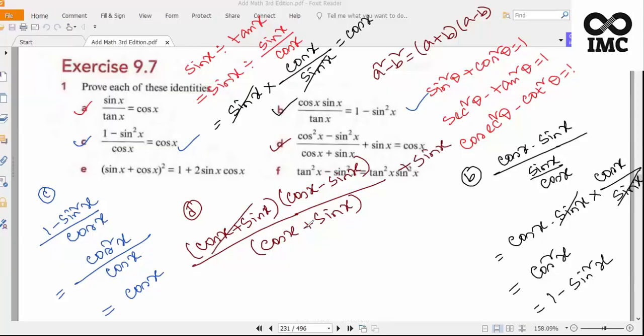If we cancel cos x plus sin x from numerator and denominator, then we have cos x minus sin x plus sin x. Then we can easily cancel sin x and sin x. Then it will be cos x. Look, cos x will be the final answer of this problem.